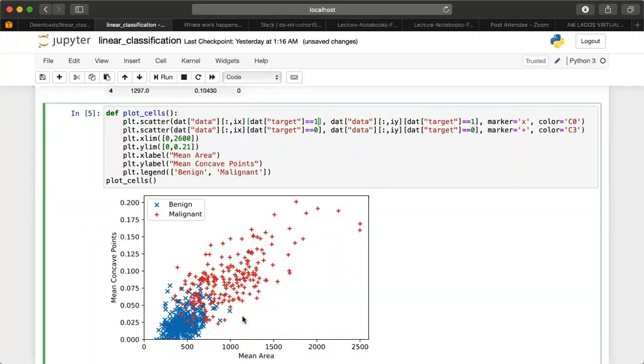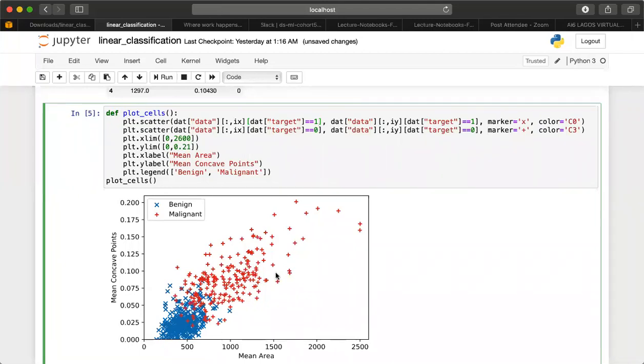So what can we say about this particular plot that we have here? Is it similar to what we have in a regression? Do you think we can use a regression algorithm, maybe linear regression, to solve this?